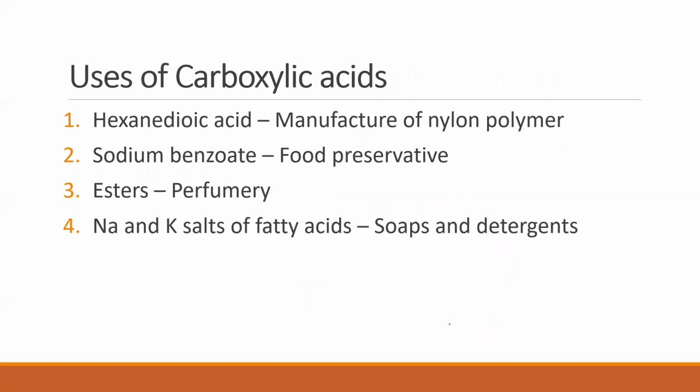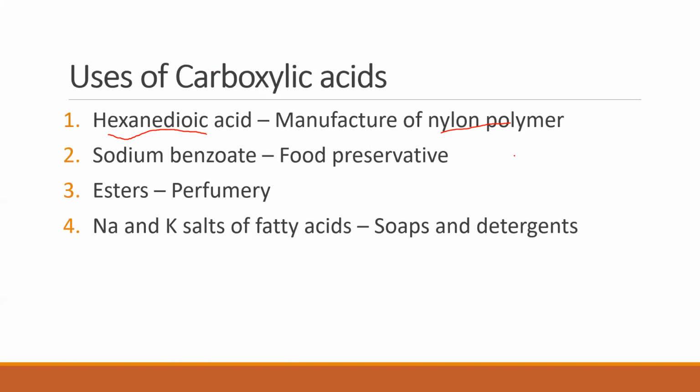Let's look at why we study them in terms of the uses. Now, what are the uses of carboxylic acids? Why should we study them? What is the role that is played by them in our day-to-day life? In fact, they are extensively used. One of the carboxylic acids, hexane dioic acid, is used in the manufacture of nylon polymer. To be more specific, nylon 6,6 polymer.